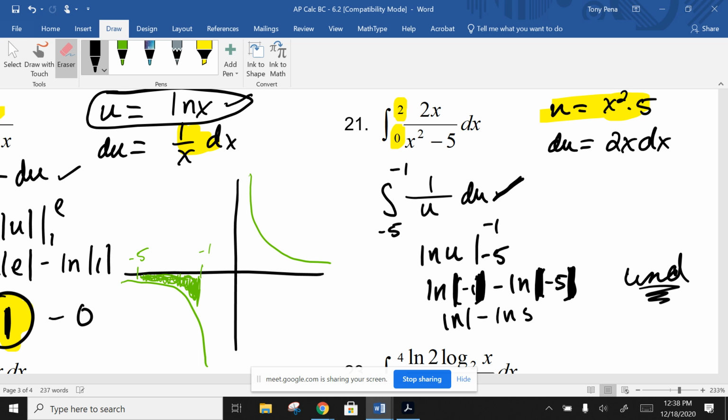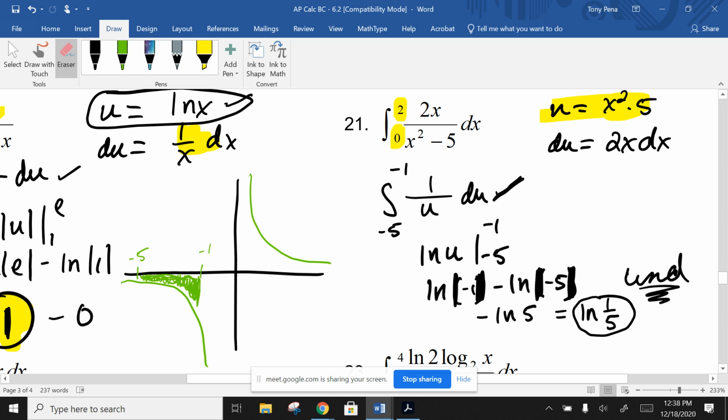You could do the natural log of 1 minus the natural log of 5. And then you could use your rule that when I subtract natural logs, we divide their insides. So that's one way to get the natural log of 1 over 5. If you remember the natural log of 1 is 0, then what's going to happen is this guy would drop out.